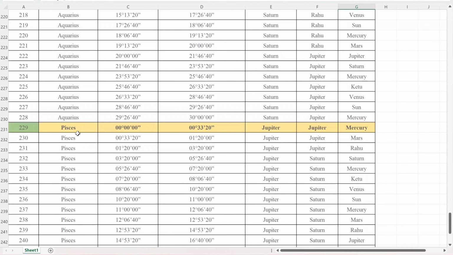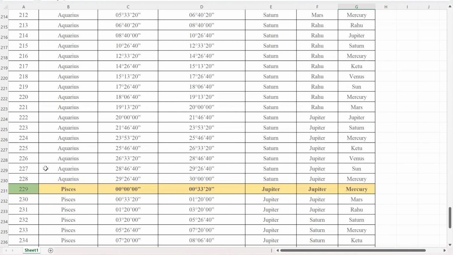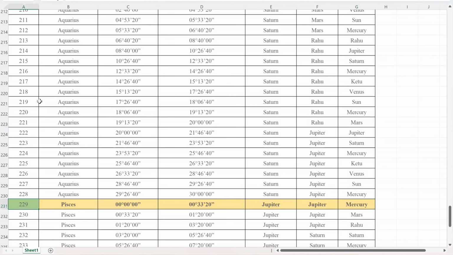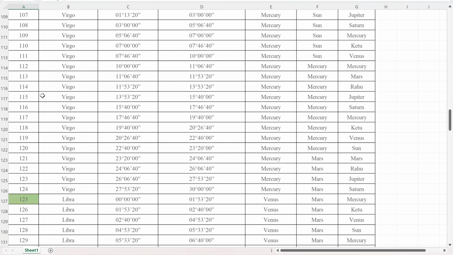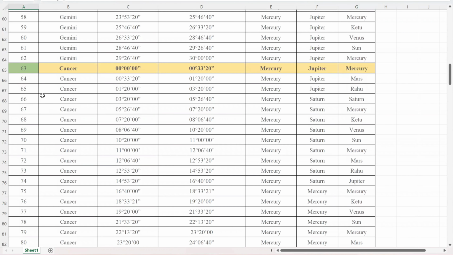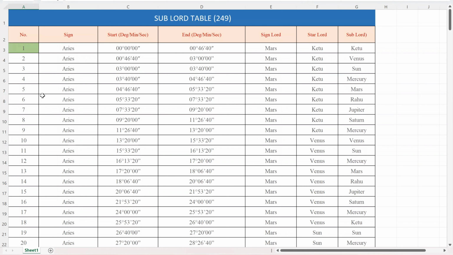And if you count it out, these are six in number. So in 243, if we add six repeated lordships, then we get the number 249. So this is what 249 is.